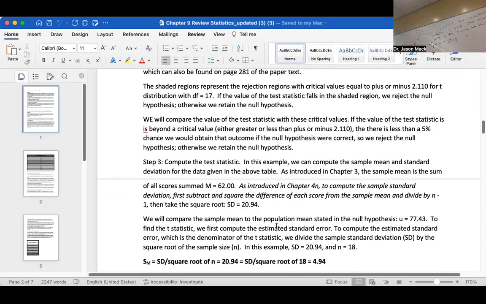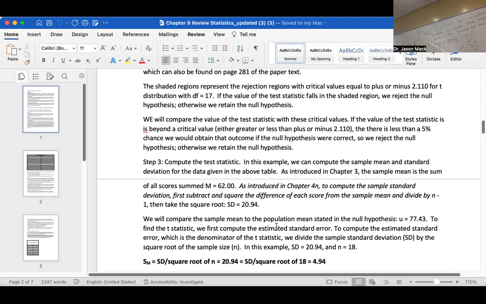The sample mean is the sum of all scores over n. That's where I got my mean from. If we took those into Excel, summed them and divided by 18, we would get 62. Are you with me so far?